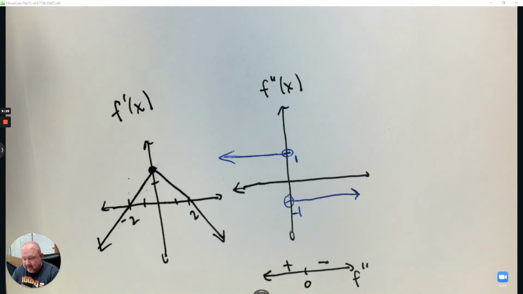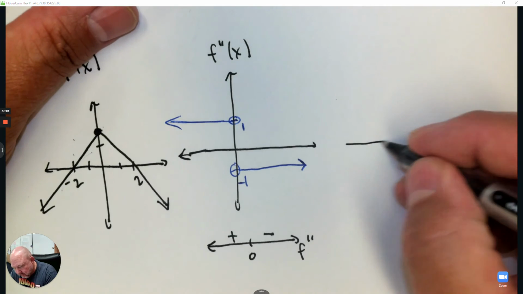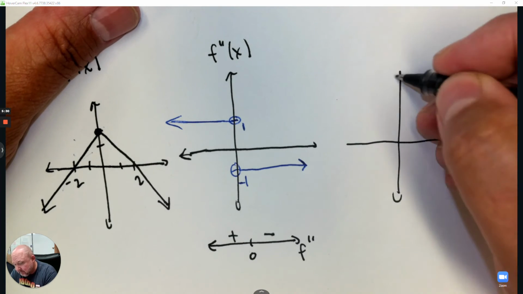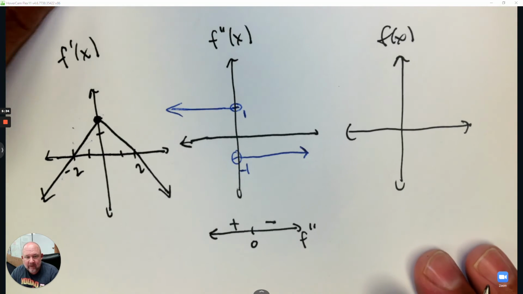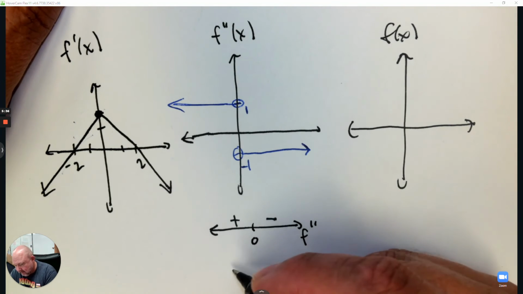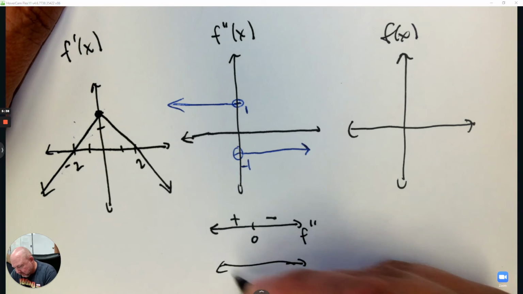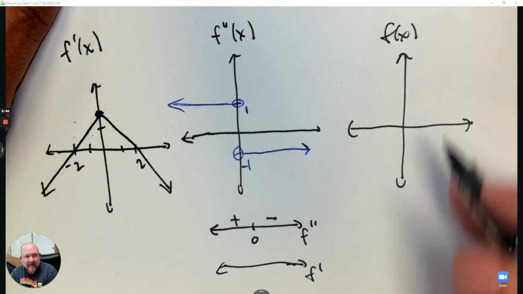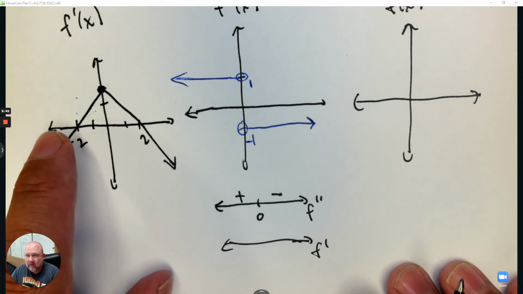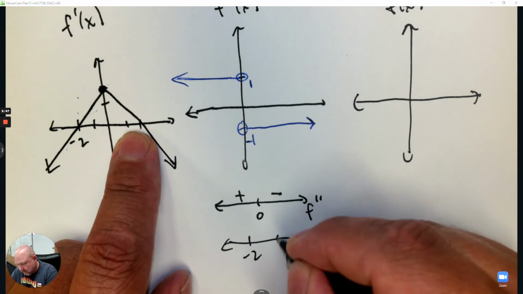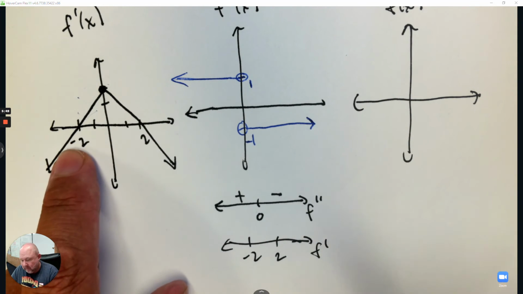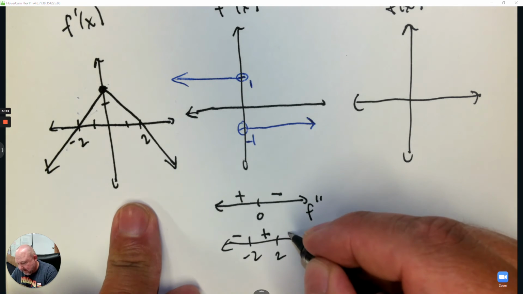All right. How about the next part: could you graph the function based on these? So what would f of x look like? I already have that number line. Can we do the other number line for the first derivative and then put it together on here? The critical numbers are negative 2 and positive 2. It's below, then above, and then below.